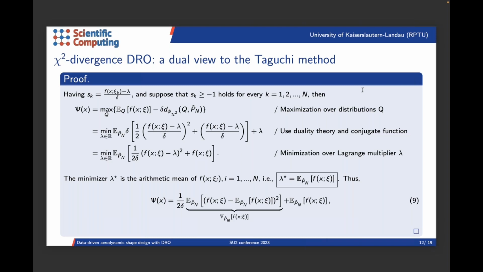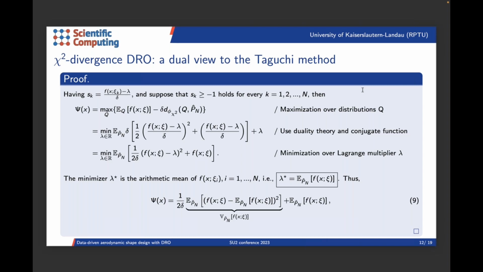So these two are equivalent. This minimization attains its minimum when lambda, the Lagrange multiplier, is equal to the empirical mean. If we plug in the solution, the minimization problem becomes the mean and variance objective.